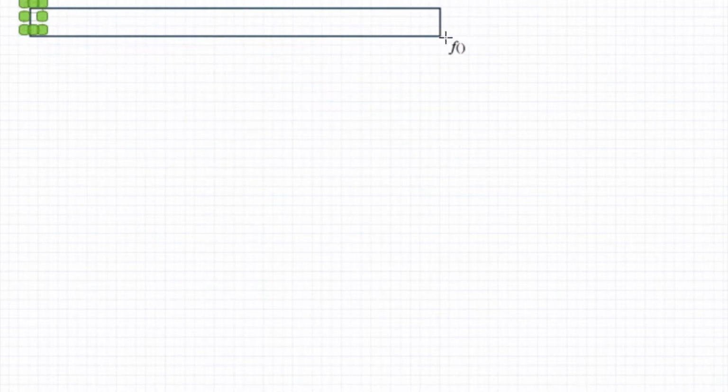Now, the actual definition of a factor is any number or quantity that when multiplied with another produces a given number or expression. Now, that to me sounds incredibly complicated, so I don't like that. So I'm going to go ahead and give you my definition.